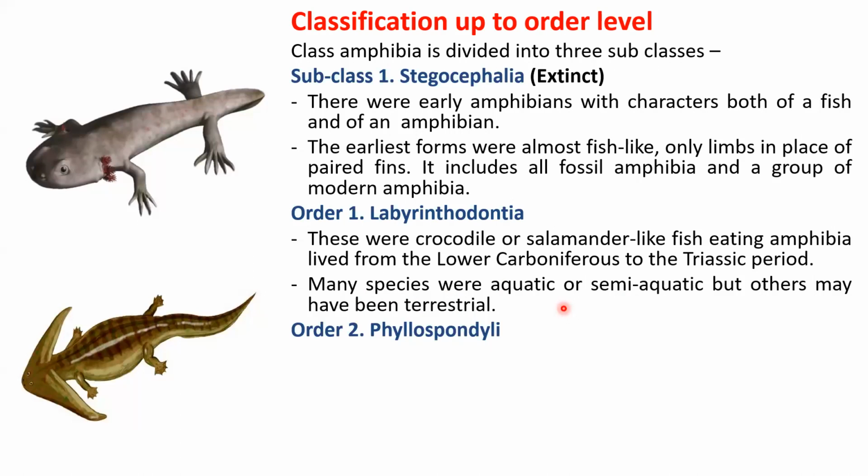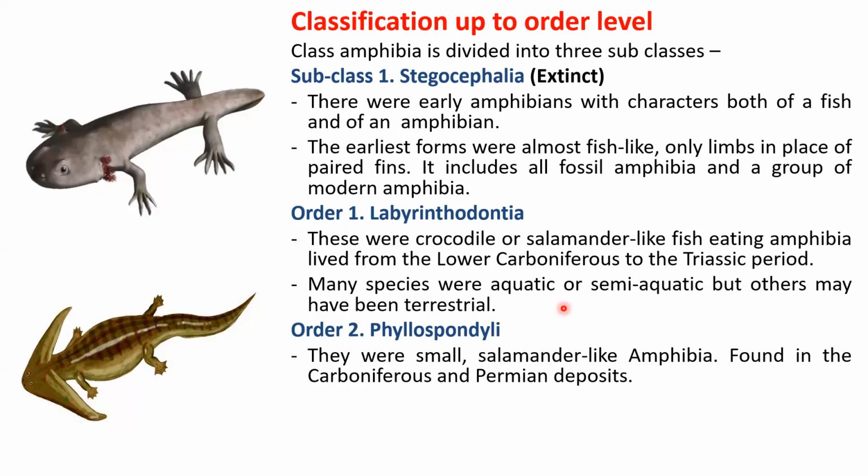Then the order Phyllospondyli. From this order, it is noted that the amphibians are small-sized salamander-like amphibia found in the Carboniferous and Permian deposits.